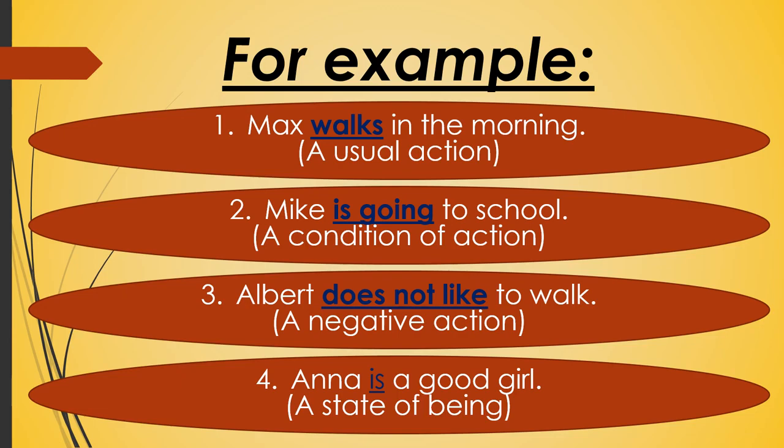So here you can see in all the sentences the verb is showing different actions. Walks shows a usual action, is going shows a condition of action, does not like shows a negative action, is showing a state of being.